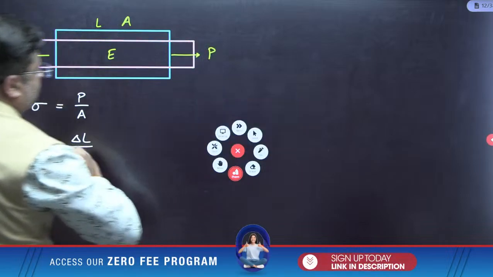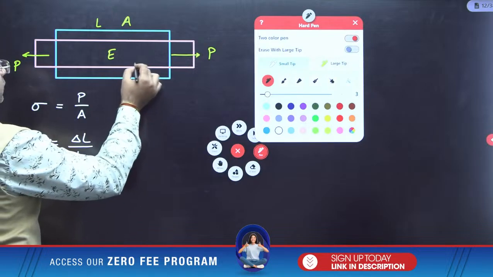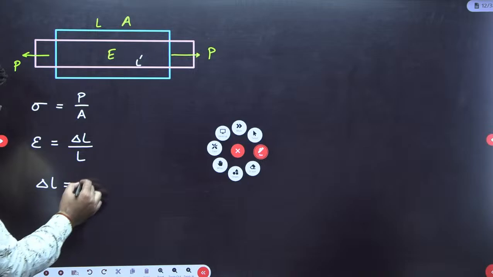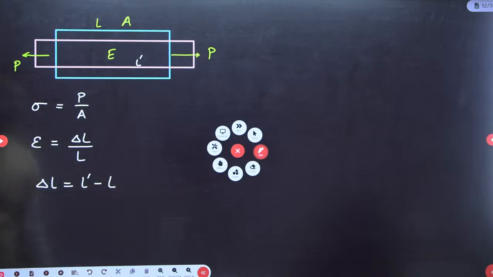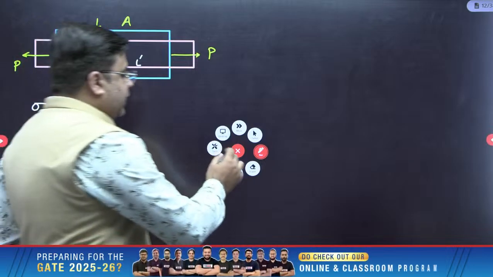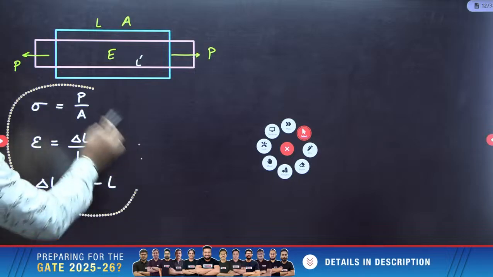For this bar, initially the length was L, and after deformation it became L dash. So delta L is nothing but L dash minus L. When you know the stress and the strain, sometimes they ask you for the deformation delta L. For calculating that, you can use Hooke's law.